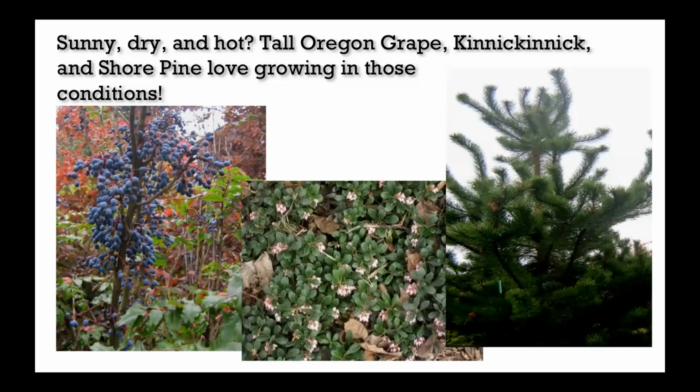The ones pictured here are tall Oregon grape on the far left, a wonderful wildlife plant also. And in the center, kinnikinnick as a ground cover that thrives very well on very dry cliffs overlooking the Puget Sound. It can handle salt spray as well. And so can the shore pine on the right.